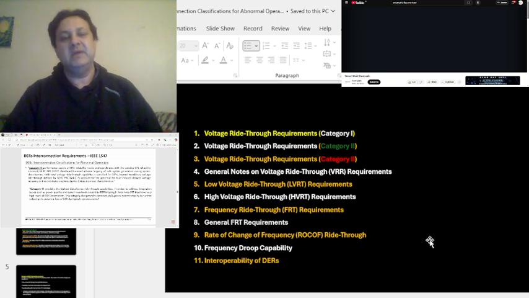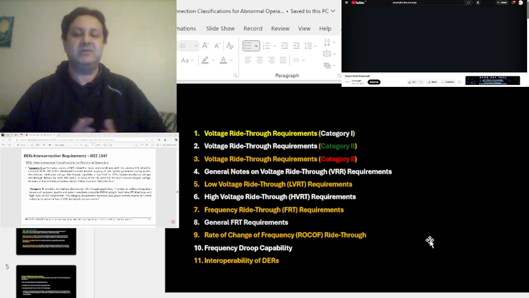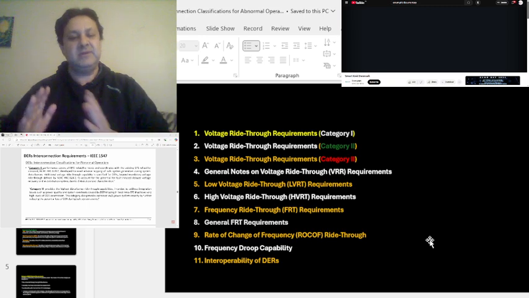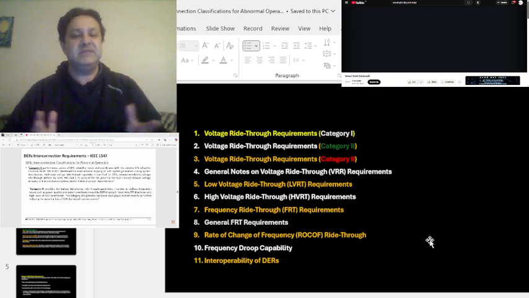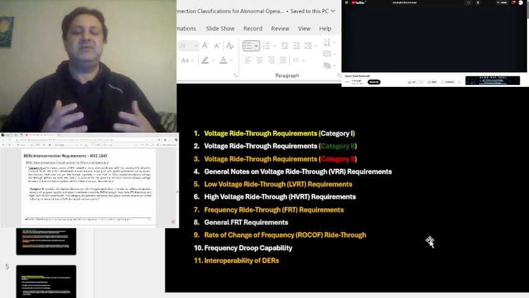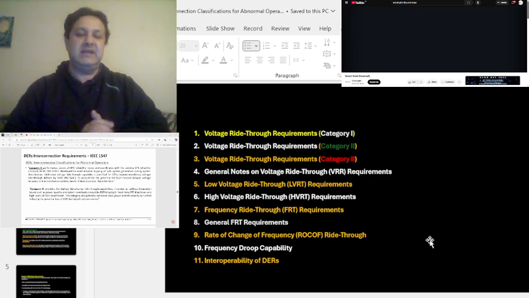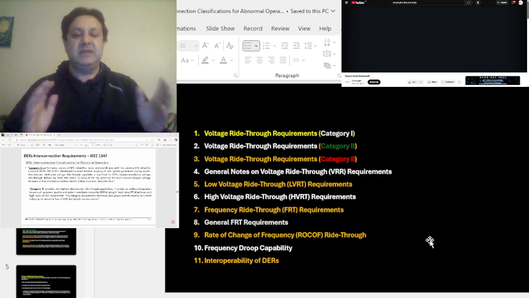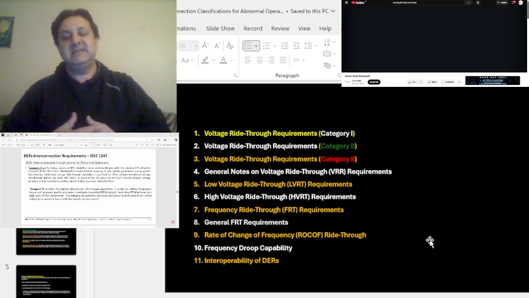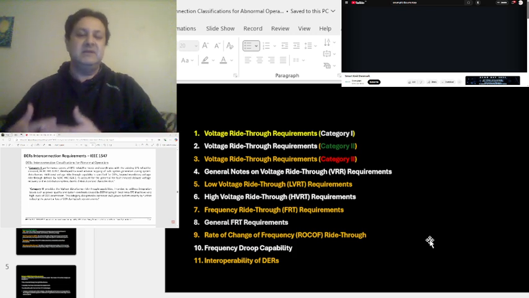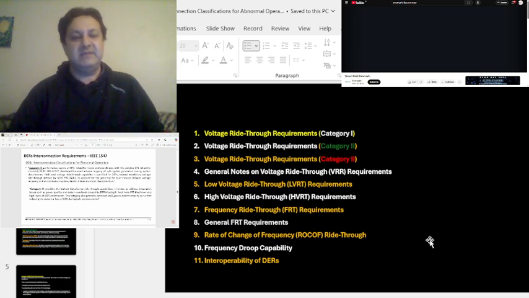We'll talk about low voltage ride-through, LVRT requirements, high voltage ride-through, then frequency ride-through, the general requirements for FRT, and the rate of change of frequency ride-through. At the end, we will talk about frequency droop capability, and the last section, interoperability of DERs. After this, Mohammed will continue and conclude.